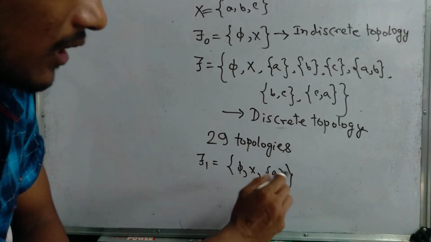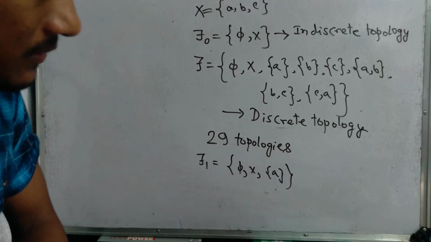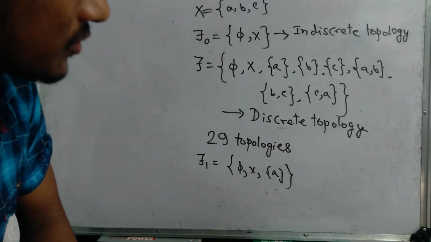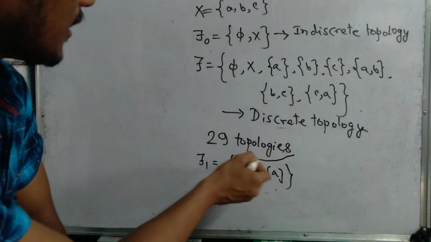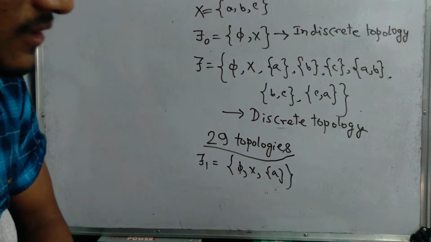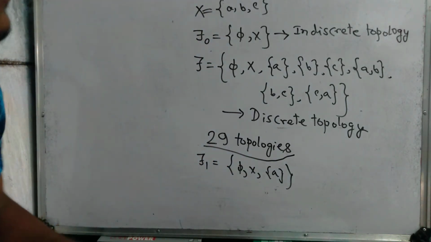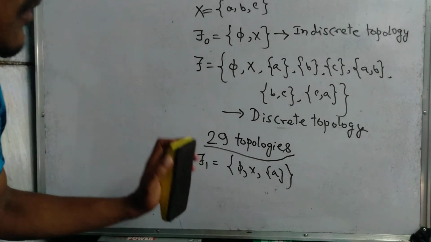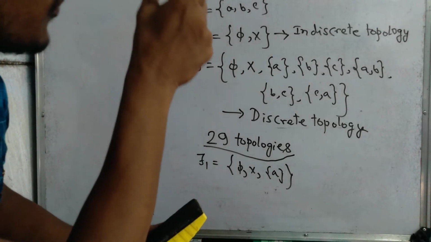Then we proceed further, more and more. In total, 29 topologies come from these sets. I am not discussing this now, but further on you will know about it.